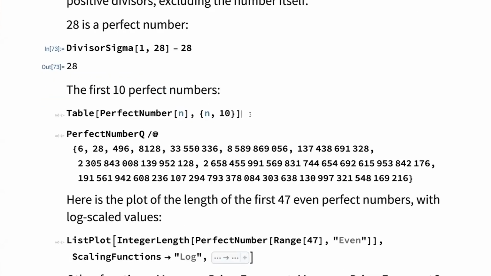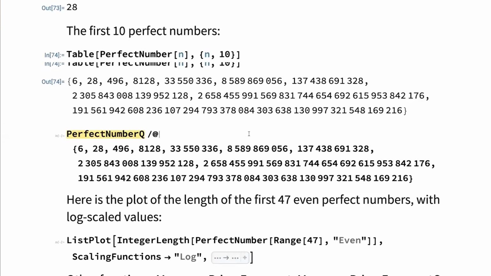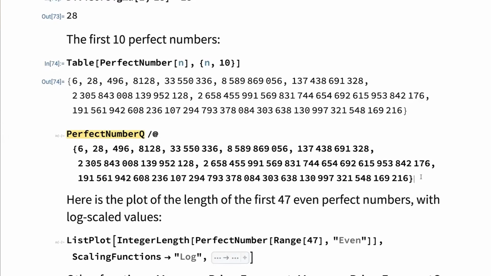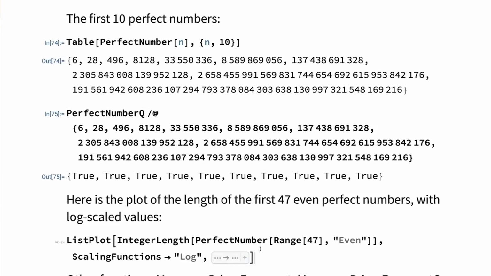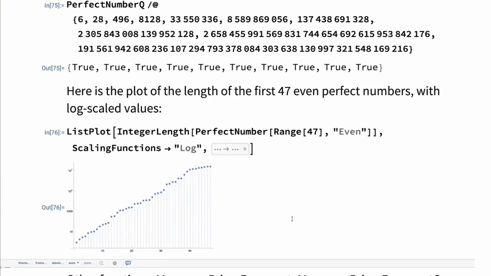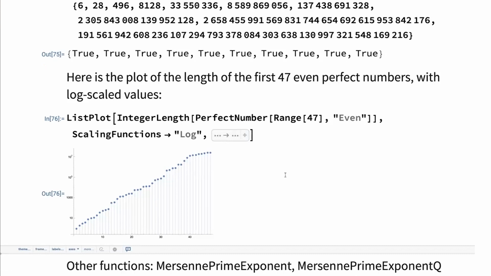Here are the first 10 perfect numbers, and we can use PerfectNumberQ to check that they are indeed perfect numbers. And here is the plot of the length of the first 47 even perfect numbers with log-scaled values. You see that they grow very rapidly and they are very rare. Other functions are MersennePrimeExponentQ and so on.